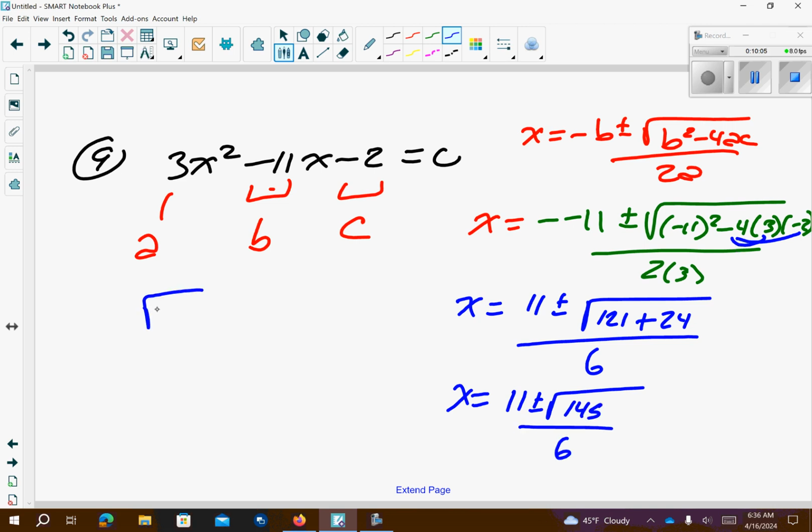Let's see if 145 breaks down. Let's see, 3 times, use a calculator on this.